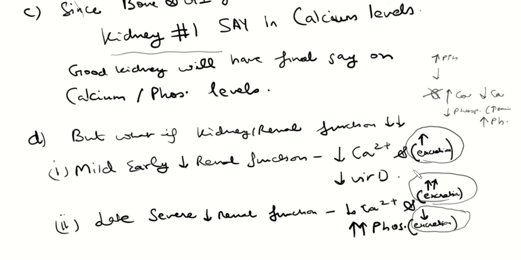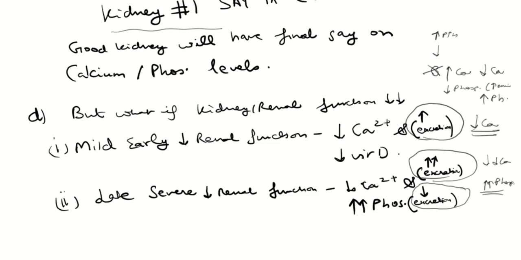So early, you have low calcium, that's an issue. Later on, you have low calcium and high phosphorus, that's an issue. Okay, you with me on this? So remember this, when we talk about diseases, we're going to talk a little bit about how this comes to pass. Okay?